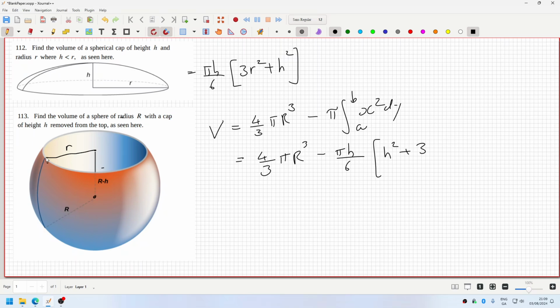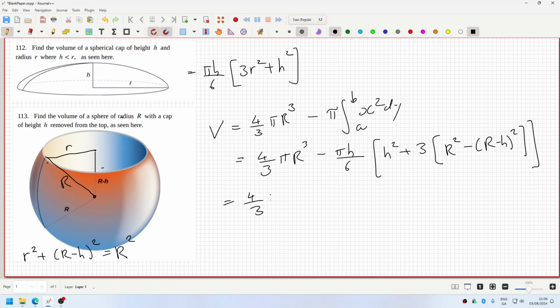That's the center, so that would be big R. So we have small r squared plus r minus h squared equals big R squared. So the small r I could replace with r squared minus r minus h squared. Okay, let's see what I get.